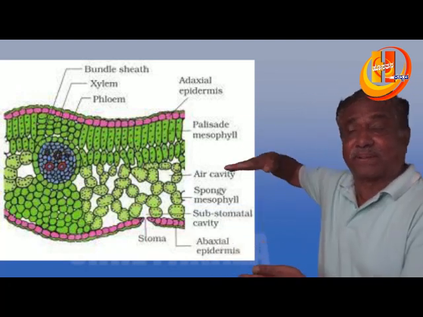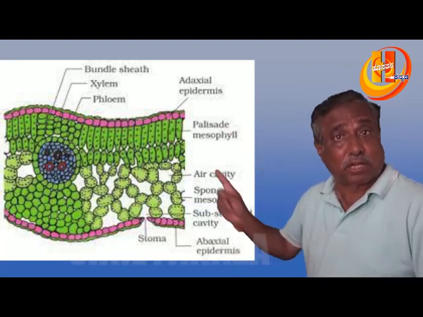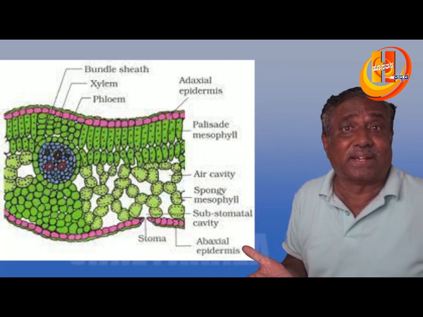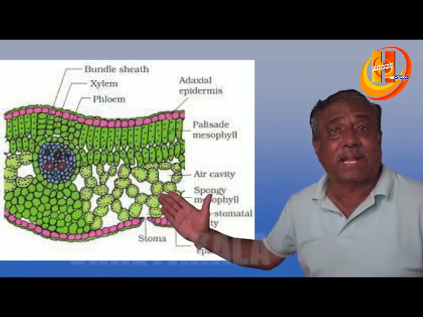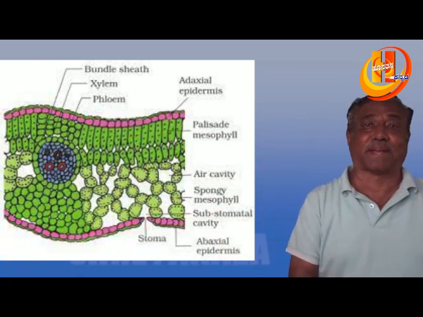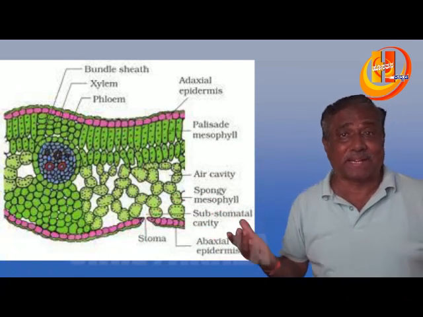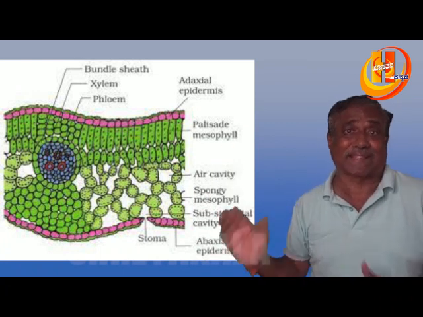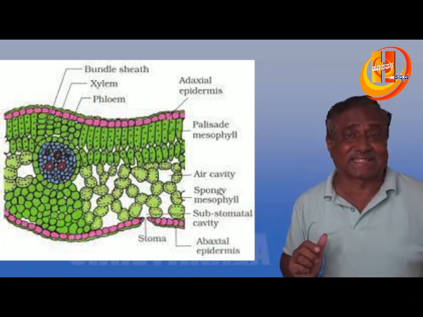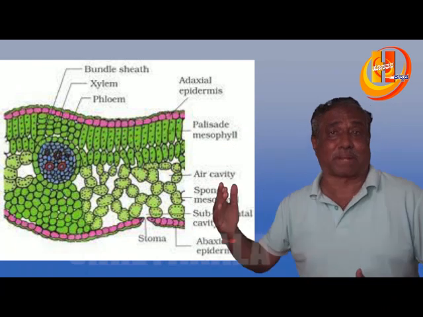The tissue present between upper and lower epidermis is called mesophyll. Mesophyll in the Dicot leaf is differentiated into upper palisade parenchyma and lower spongy parenchyma. Upper palisade parenchyma consists of more or less pillar-like cells and contains more number of chloroplasts.